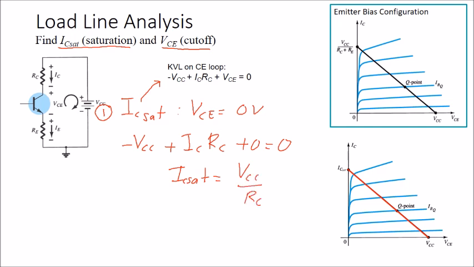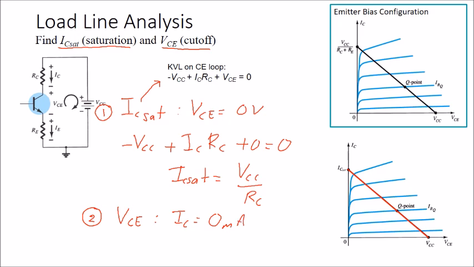And then for the second point, we need to know the value of VCE. When at VCE cutoff, the information we have is IC equal to 0 milliampere.